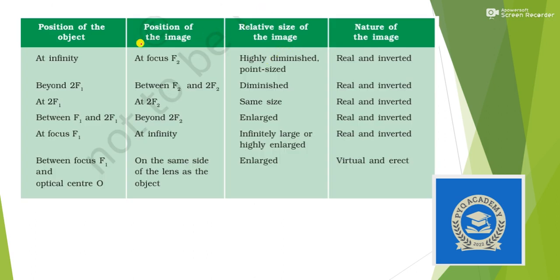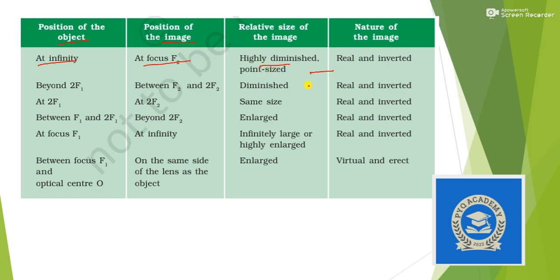You can see here the possible positions of the image with respect to the position of the object for a convex lens. When you put an object at infinity, the image will be formed at f2 and it will be highly diminished.